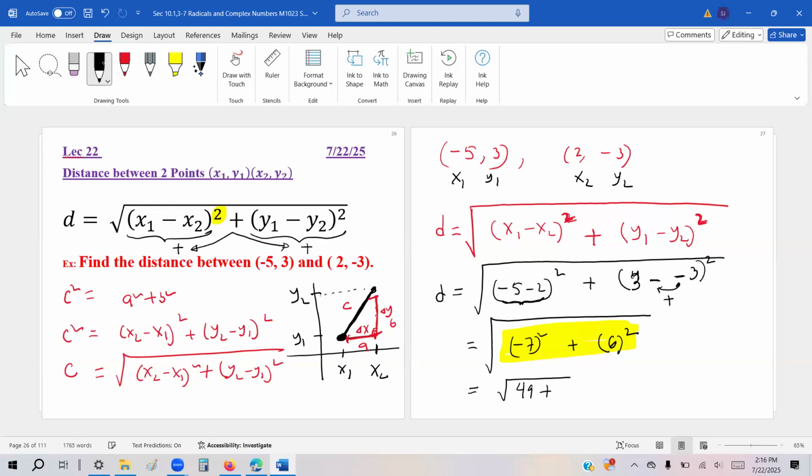And then you are adding how much? 36. So inside first. 85. And 85 we cannot reduce by any perfect square number. So just leave it alone.